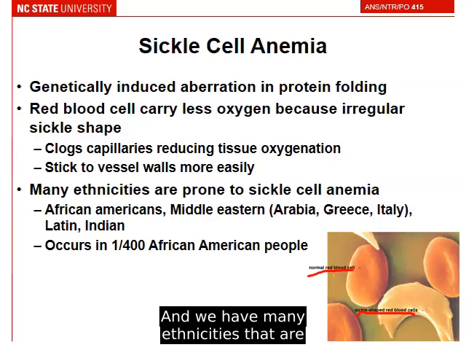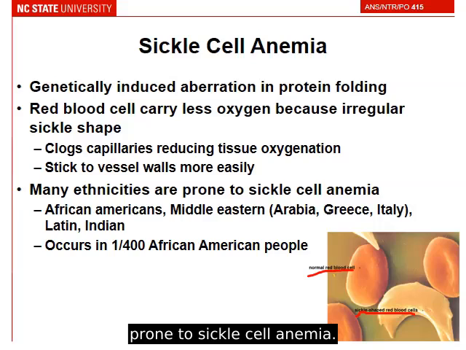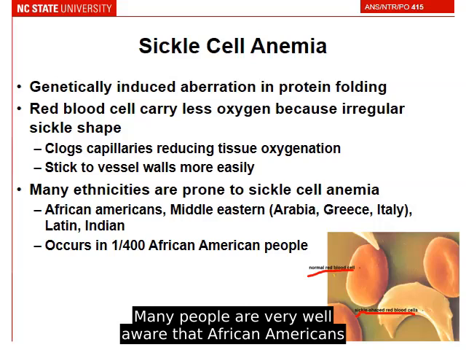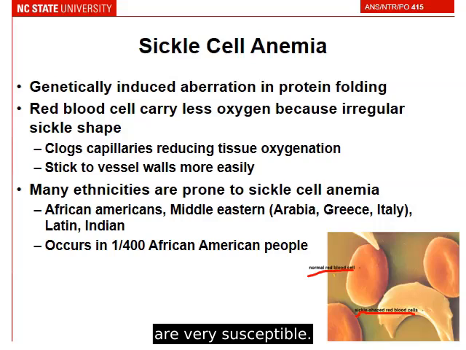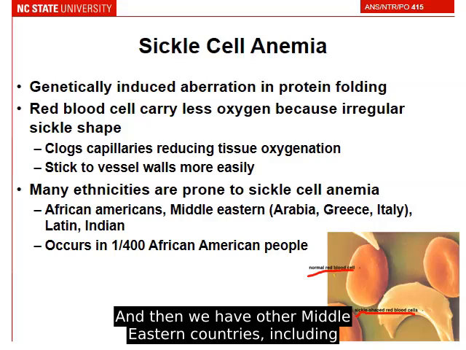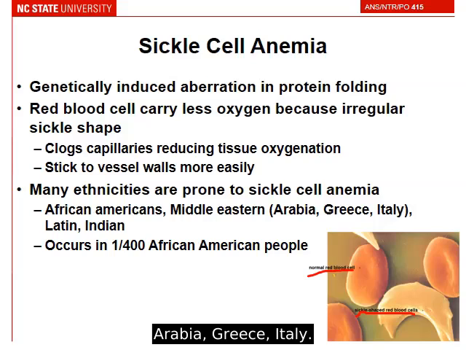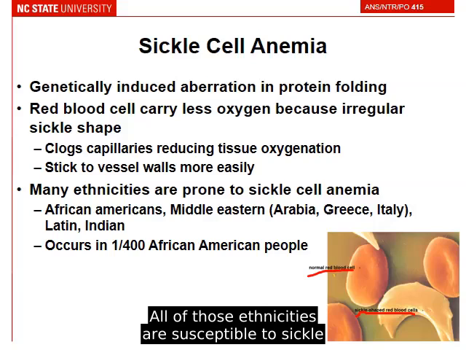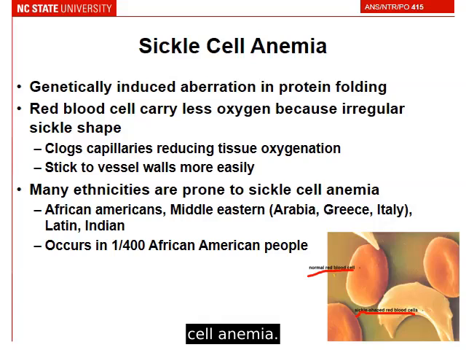And we have many ethnicities that are prone to sickle cell anemia. Many people are very well aware that African Americans are very susceptible. And then we have other Middle Eastern countries, including Arabia, Greece, Italy. All of those ethnicities are susceptible to sickle cell anemia.